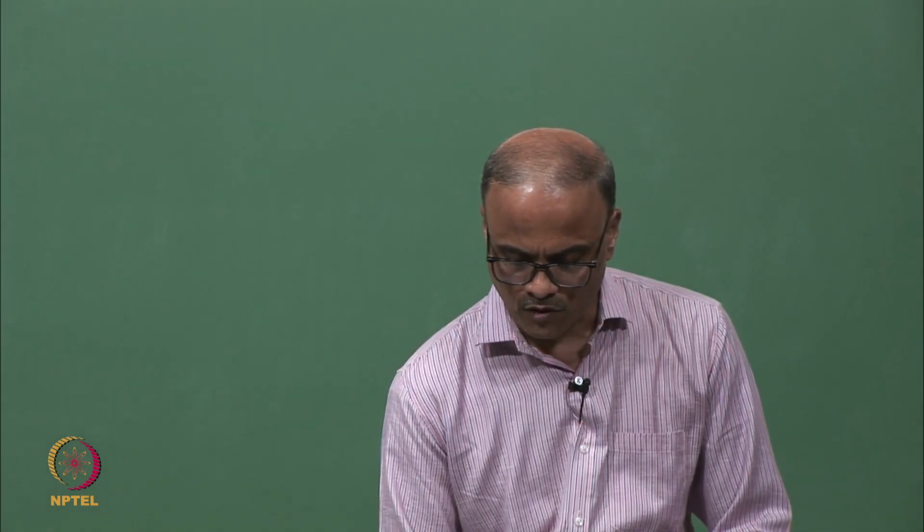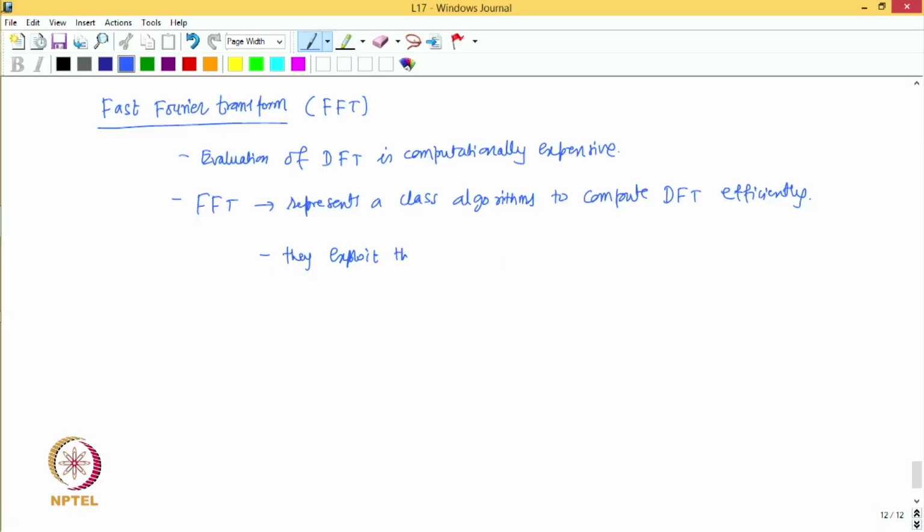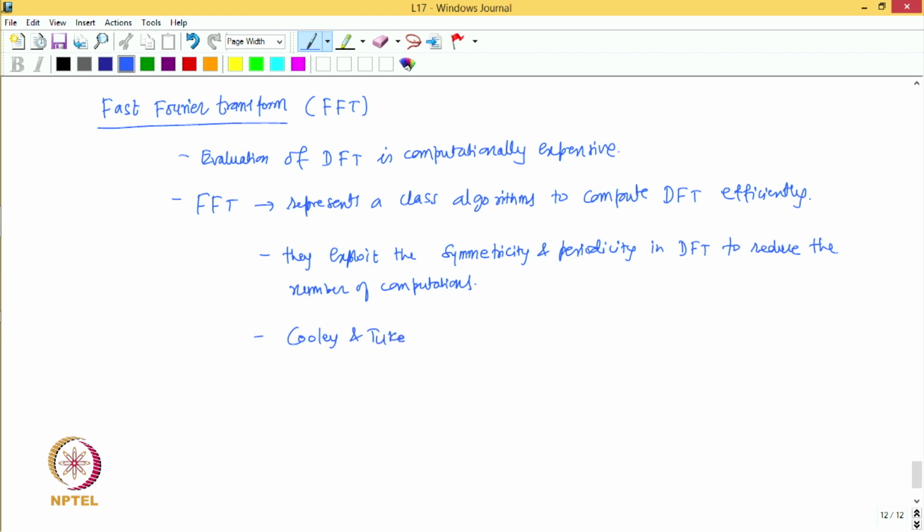They exploit the symmetry and periodicity in the DFT to reduce the number of computations. One of such algorithms was first proposed by Cooley and Tukey in 1965.